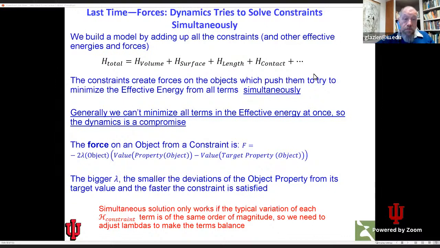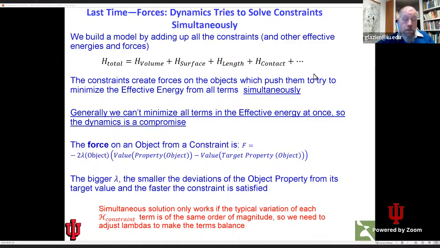Typically, what I want is to adjust those lambdas so all of those factors are at play. If I make one lambda very big, I might as well leave all the other terms out because they're not doing anything. And so one of the tricks in this, and one can do some of this with a pencil and paper doing the calculation, some of it one has to learn a little bit of intuition about, or learn how to recognize it, is that when we are adjusting our parameters, we often need to adjust those lambdas so that all of those energy functionals are contributing to the behavior at the same time.